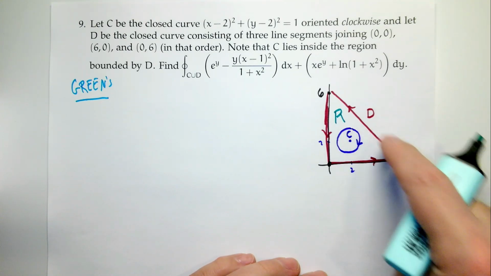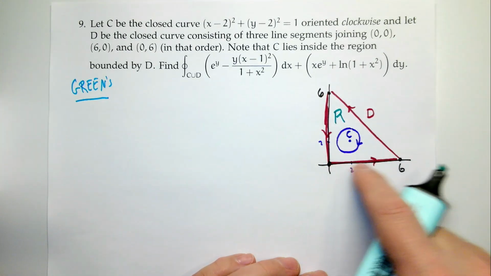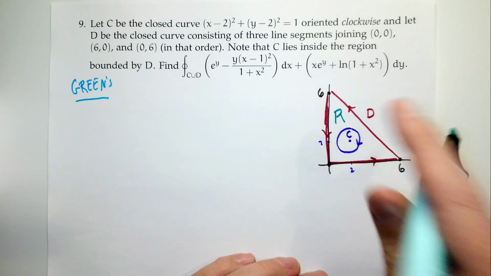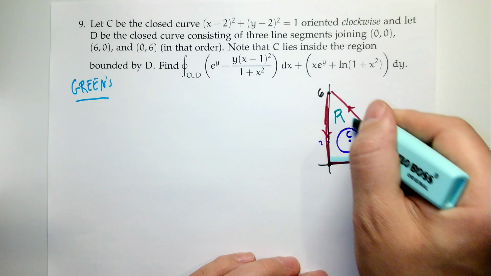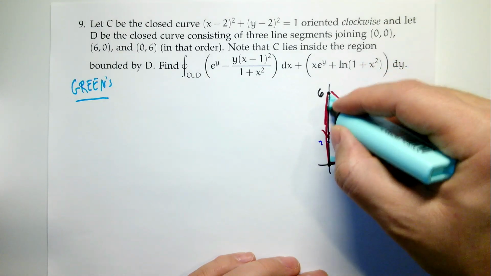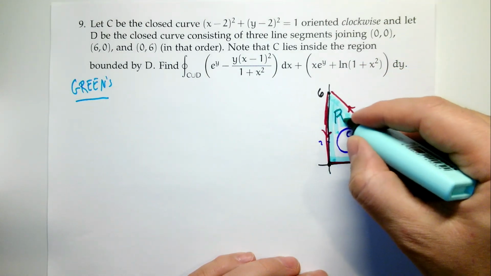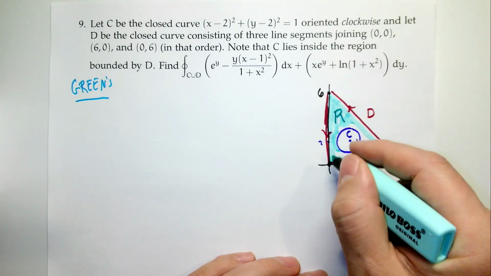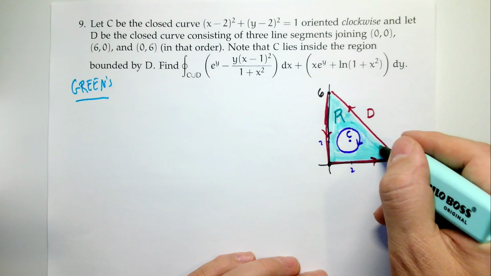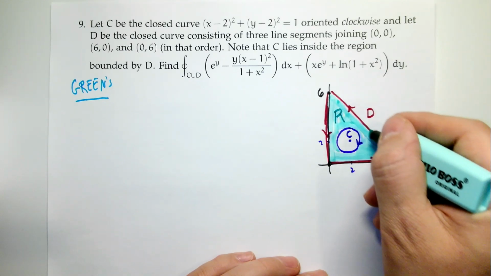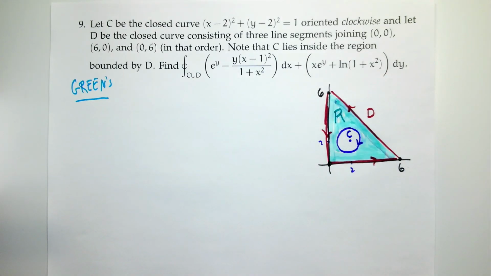It's not just random. The outside is oriented counterclockwise. The inside is oriented clockwise. So we can think of our region here as a big triangle, which comes from the outer triangle, plus a circle that's been punched out in the middle. So in other words, this is a region with a hole on the inside.